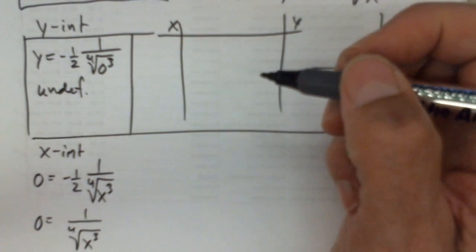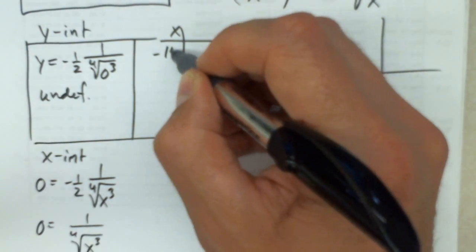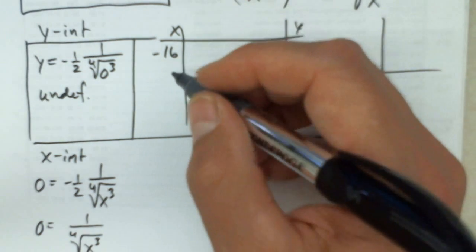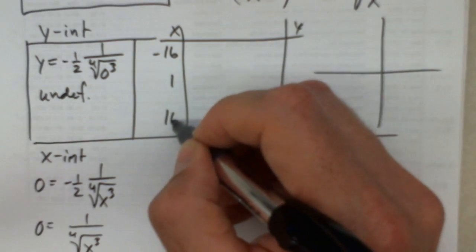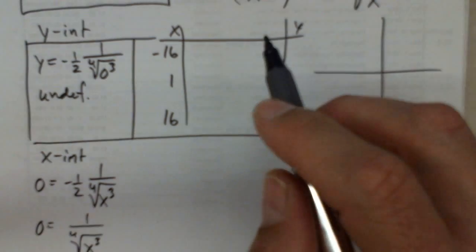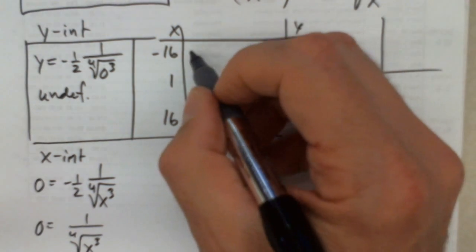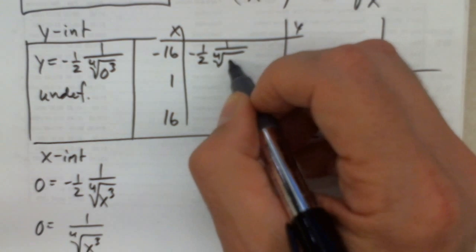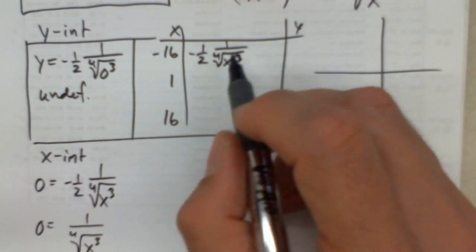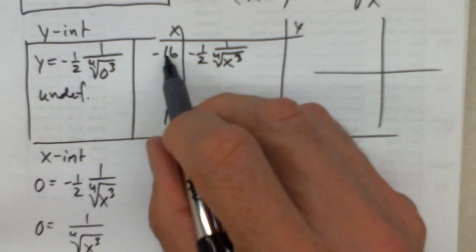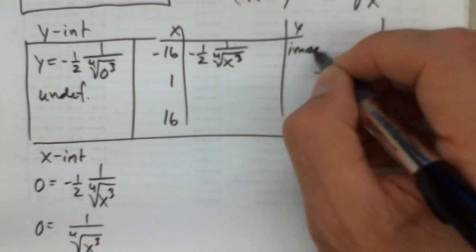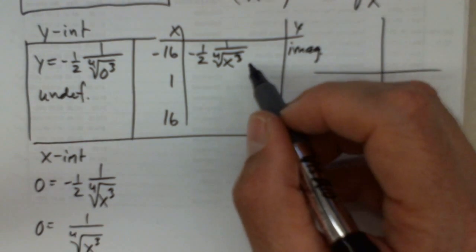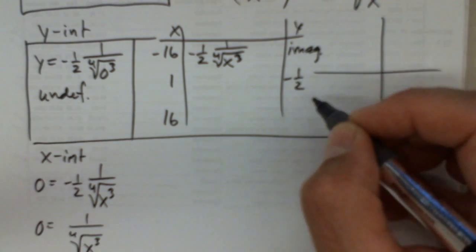Let's look at these values, negative 16, 1, and 16. Here we're going to have negative 1/2, 1 over the 4th root of x cubed. When we do the 4th root of the negative, we're going to get imaginary. For 1, we plug the 1 in there, and we'll have negative a half.